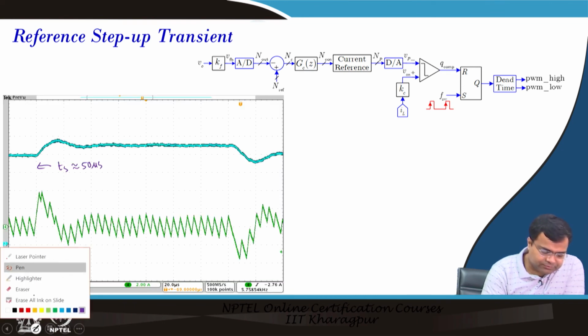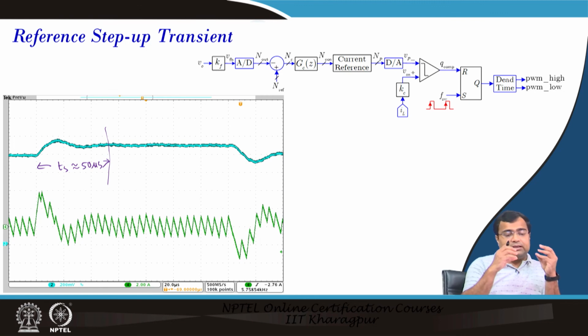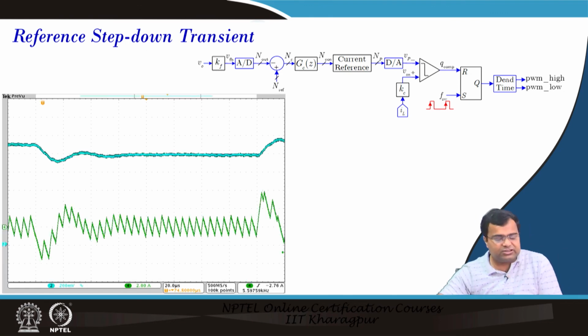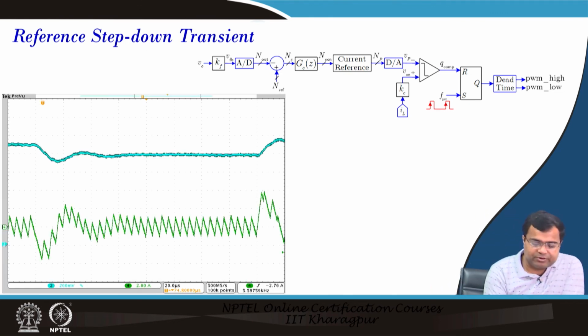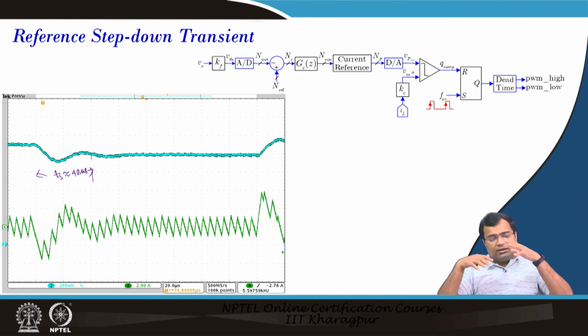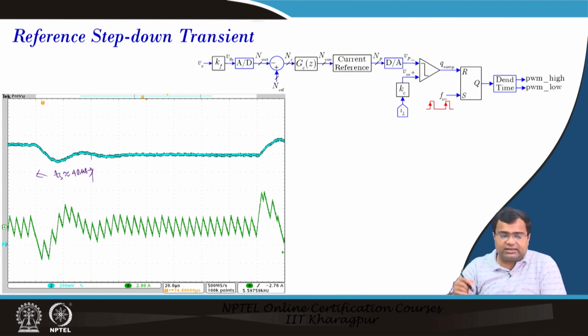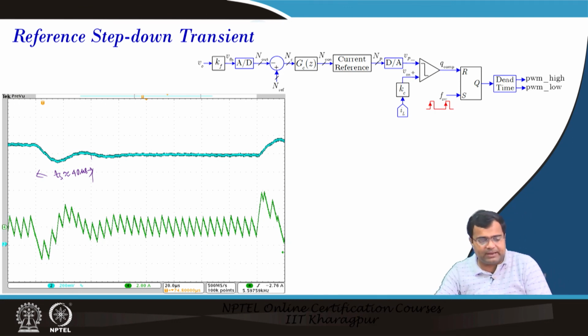The overshoot is around 50 millivolt, and the undershoot is also around 50 millivolt, but in that case the settling time is roughly around 40 microsecond. So, we have discussed the load transient and reference transient response in current mode control, and in the subsequent lecture we will discuss the design aspects.